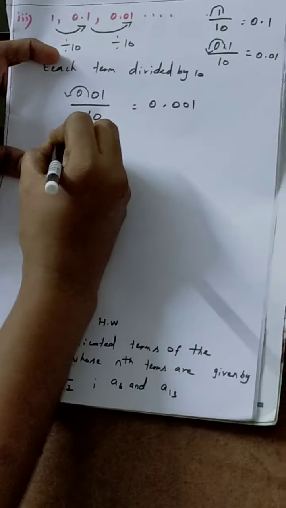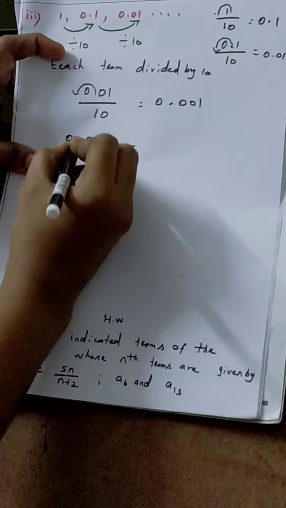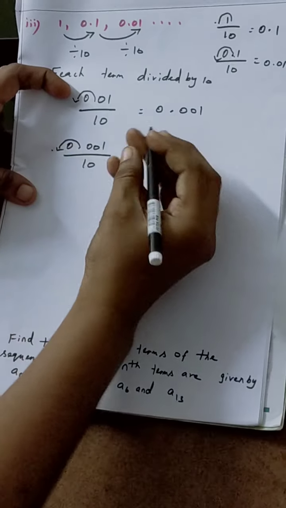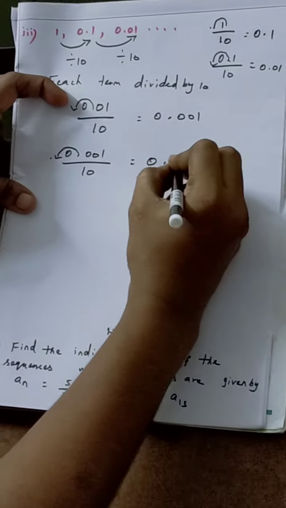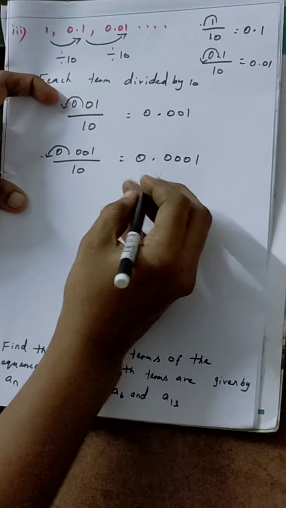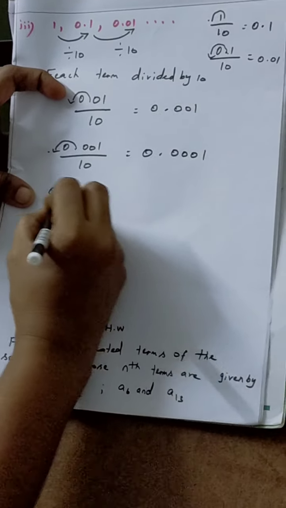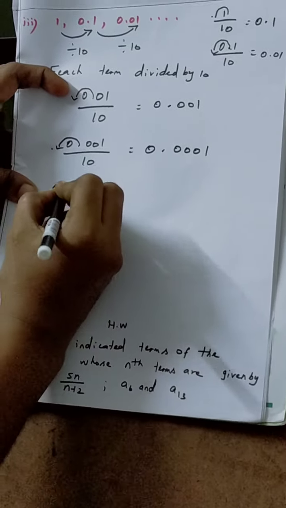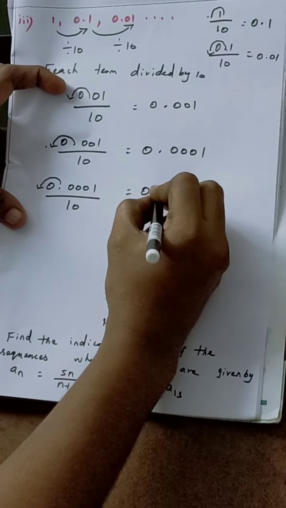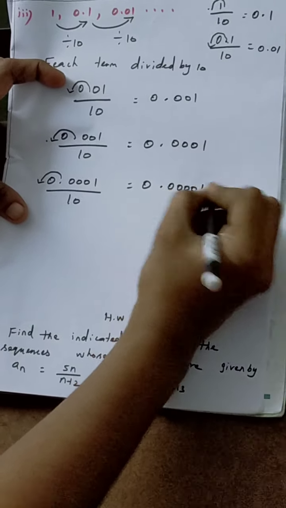The next one, 0.001 divided by 10 equals, move the decimal point one place to the left side. So what is the answer? 0.0001. Okay, that is the fifth term. Next one, 0.0001 divided by 10. Okay, move the decimal point 1 place. So what is the answer? 0, how many zeros? 1, 2, 3, 4, then 1.